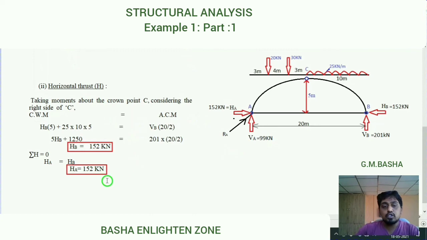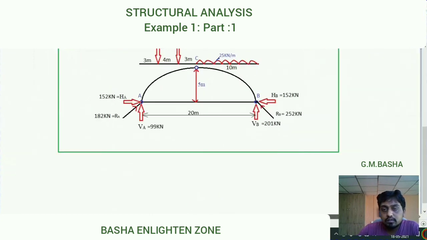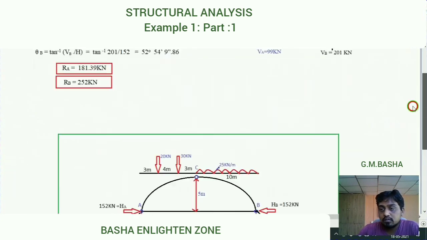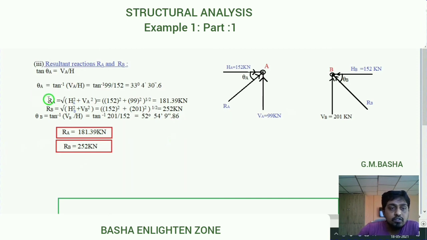Okay, so I will show here. See here, this one will be the resultant reaction. RA square will be equal to HA square plus VA square. Sending the square root to the other side, RA will be equal to the square root of HA square plus VA square. You already know the values of HA and VA.